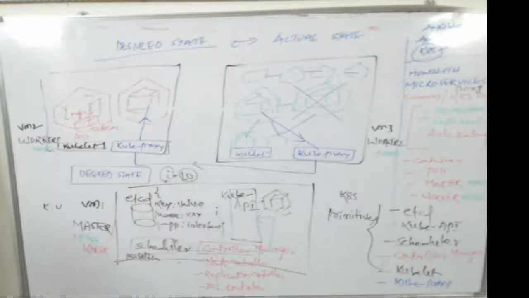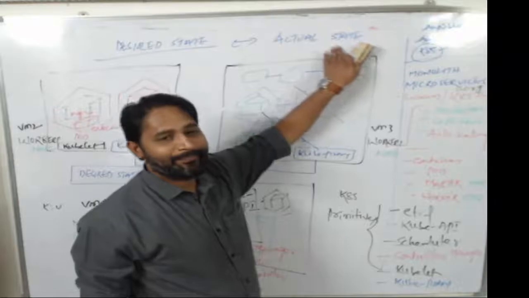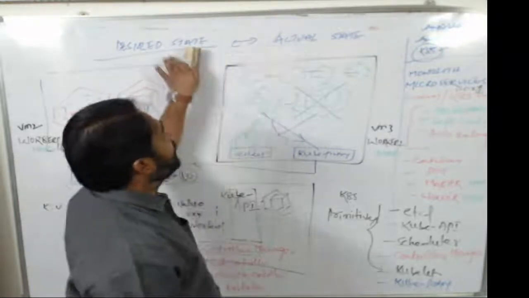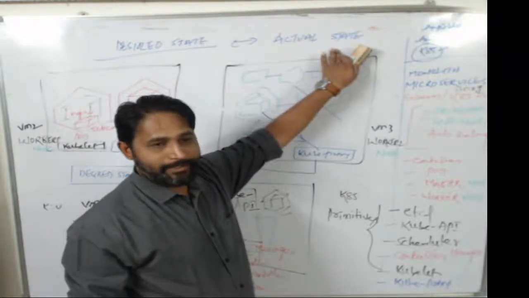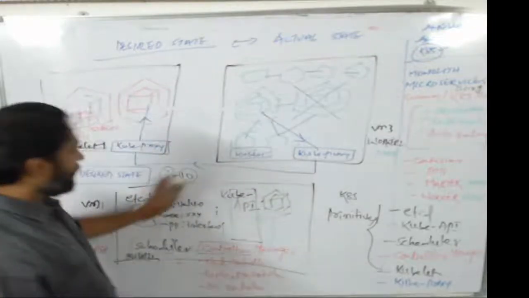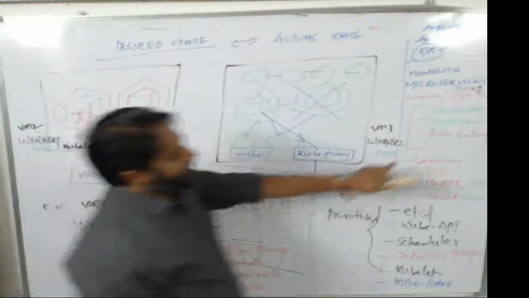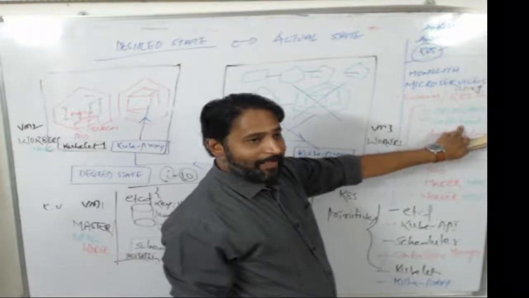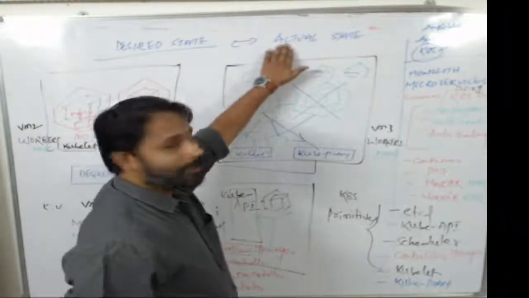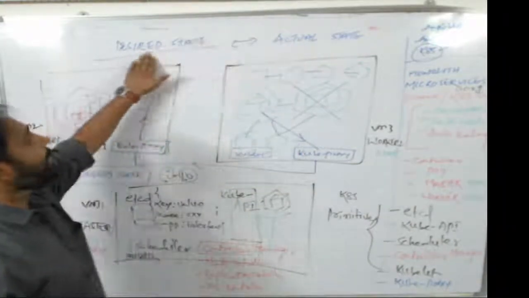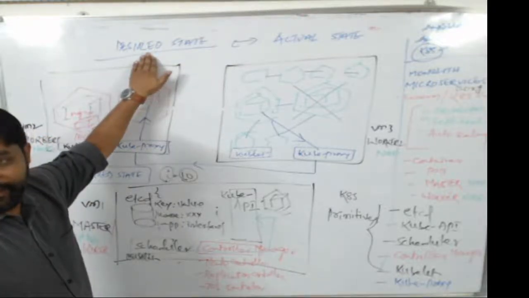That's your desired state. Probably you have 10 lakhs. That's the actual state. What you want versus what you have on Kubernetes. Now the job of the Kubernetes cluster, because it can auto-heal itself, is to make sure your actual state is always reaching the desired state.